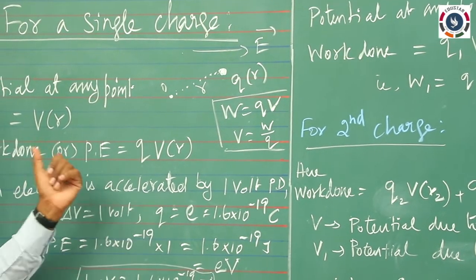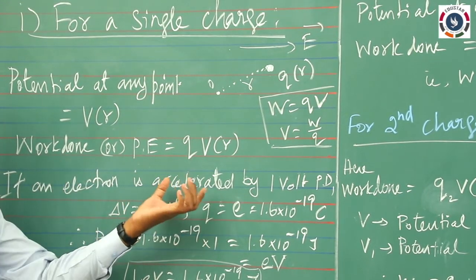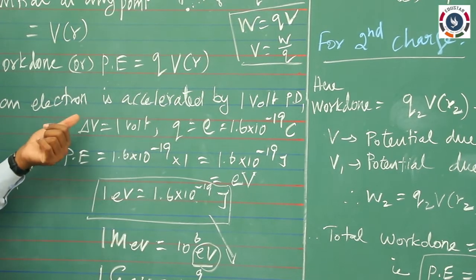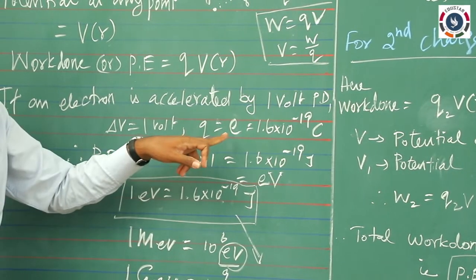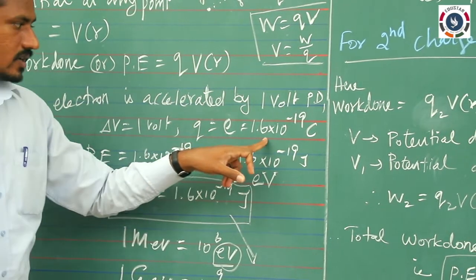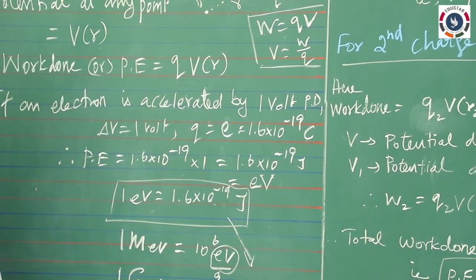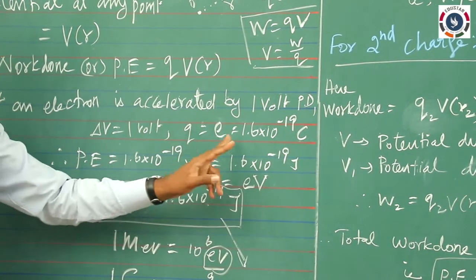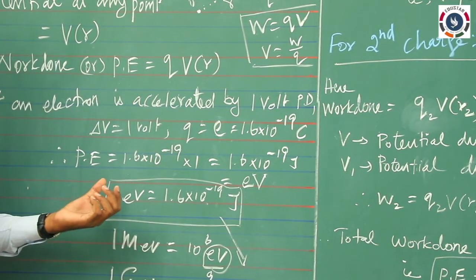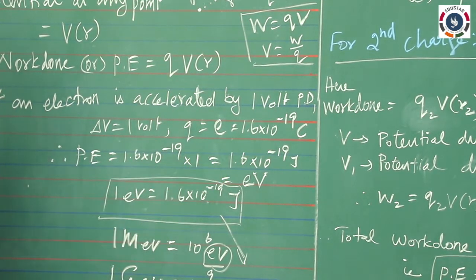We can apply this to an electron. If an electron is accelerated through a 1 volt potential difference, that is delta V equal to 1 volt, and the charge of the electron is q equal to e, whose value is 1.6 into 10 to the power minus 19 coulomb. Multiplying V and q, we obtain the energy of the electron at 1 volt potential difference, 1.6 into 10 to the power minus 19 joule.